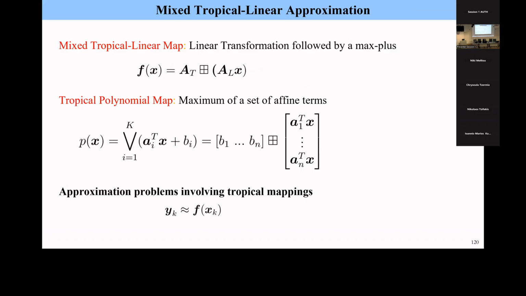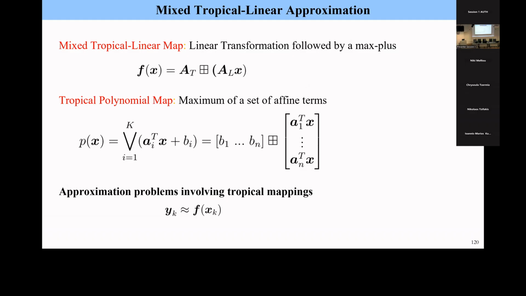It's actually a mixed tropical-linear approximation where we have a linear transformation of a vector x by a matrix A_L, followed by a nonlinear transformation, which is implemented as a max plus product of the linearly transformed vector x by a matrix A_T.